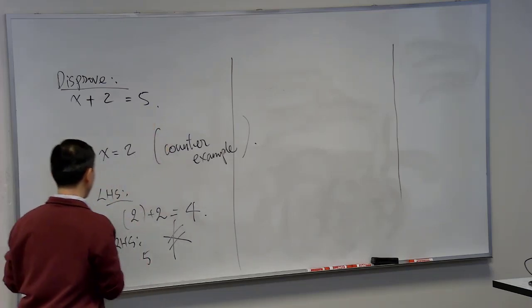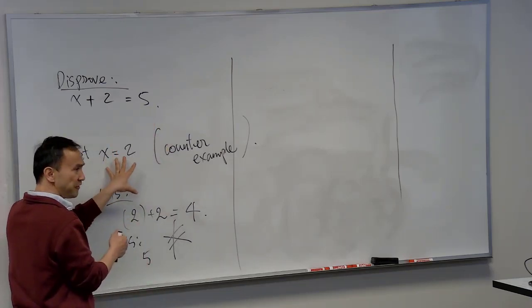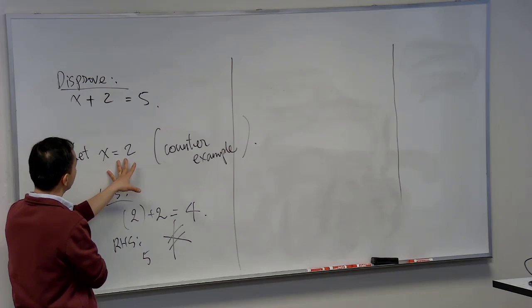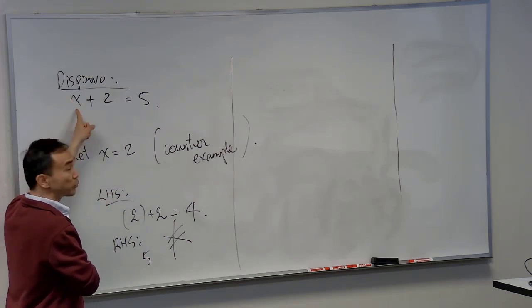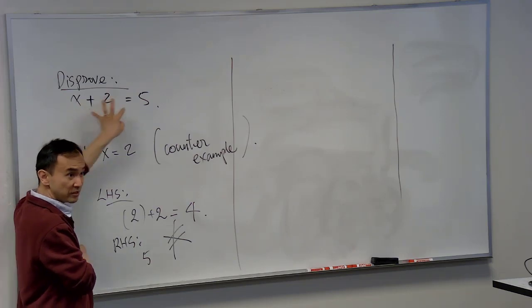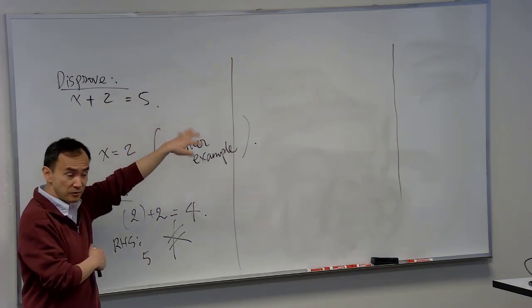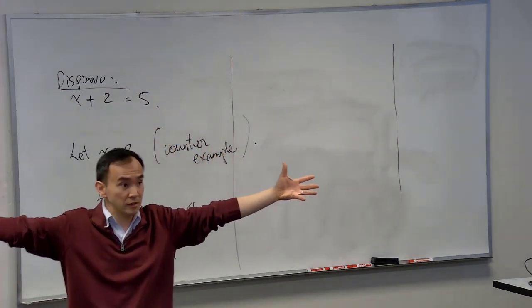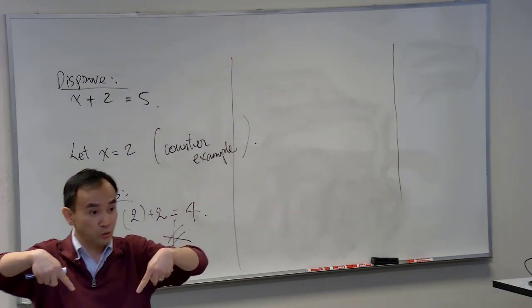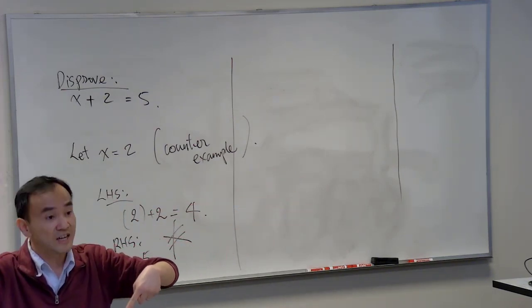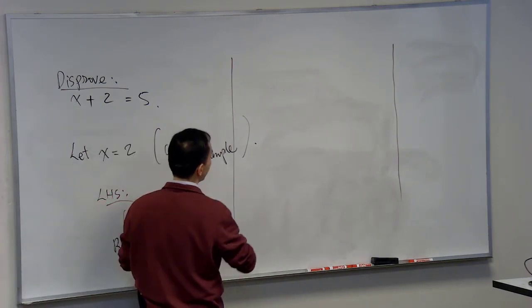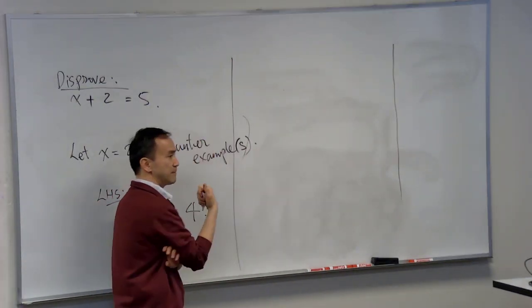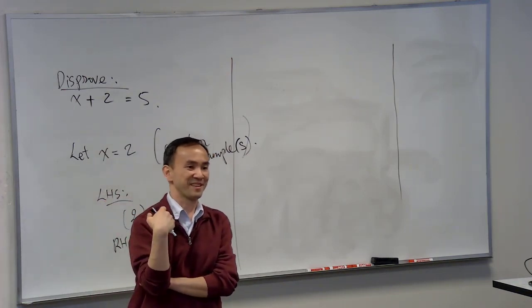Let's say, for example, the first time you may pick x equals 3. It will make the left-hand side equal to the right-hand side. So you may think that hey, it's the truth. But no, it's only true for x equals 3, right? What about some other one? So when picking counterexamples, there could be times where you have to pick multiple counterexamples. See what I mean?